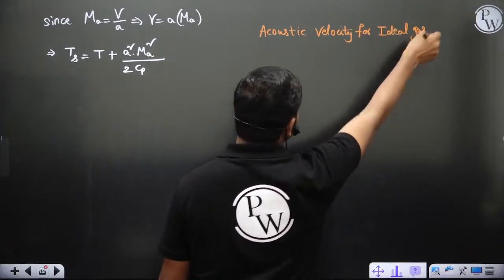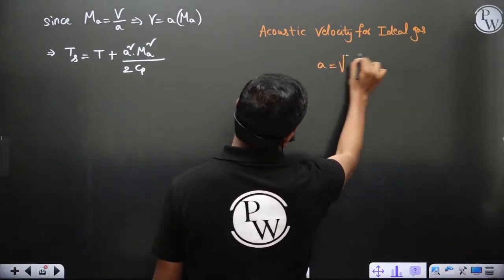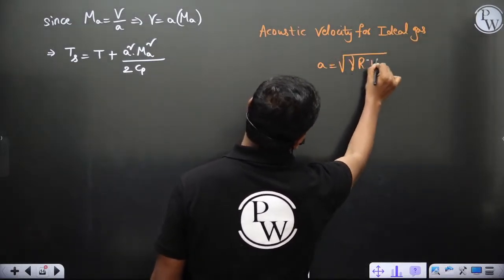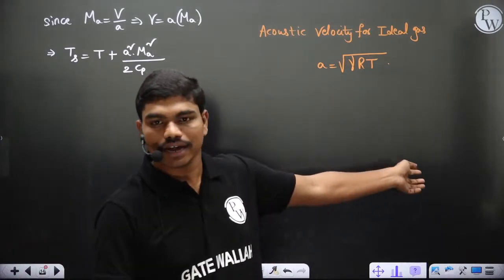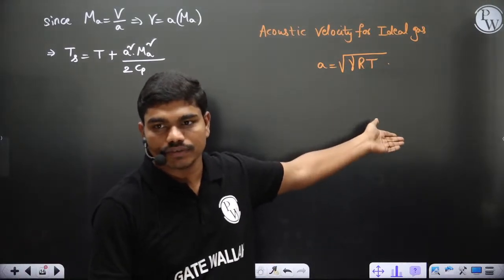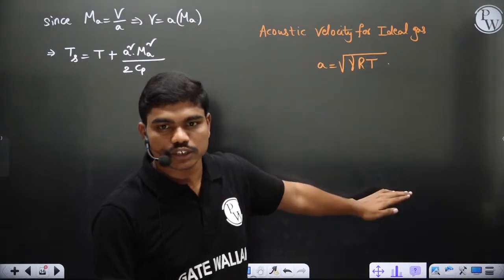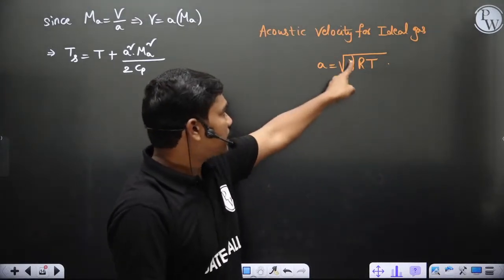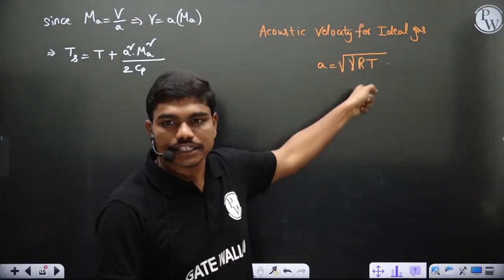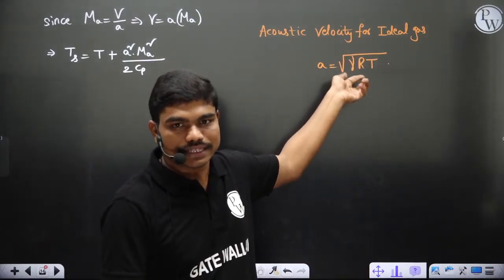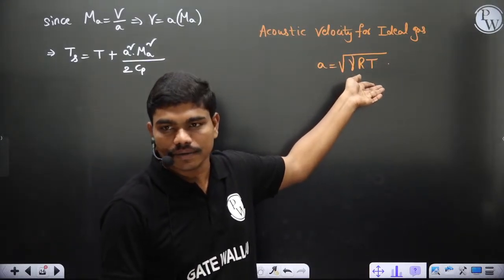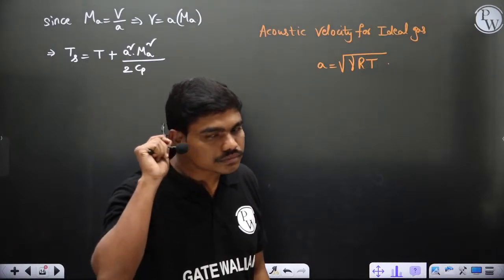I'll show you how this is coming, but you might have seen this already: square root of gamma RT. Have you all seen this? Where R is the characteristic gas constant and T is the absolute temperature. Have you seen this before I do the derivation? Anyway, I'll do the derivation today itself, but just tell me, A is equal to square root of gamma RT. Root gamma RT is nothing but your acoustic speed. I think this formulation was also in the 2022 GATE question in mechanical.